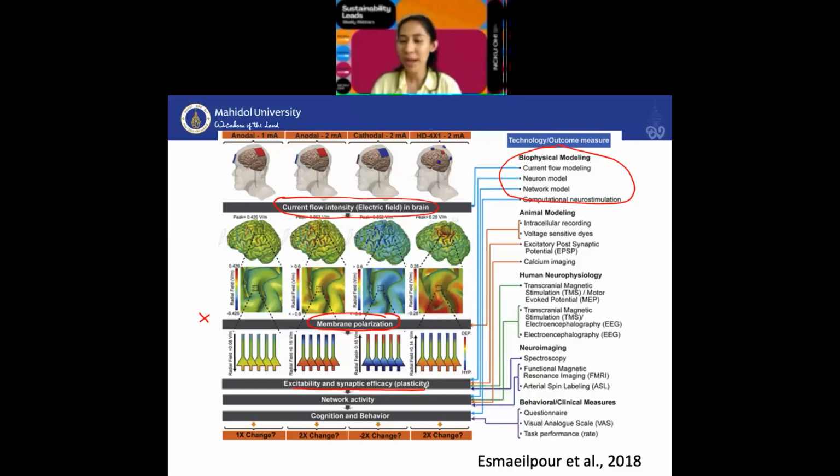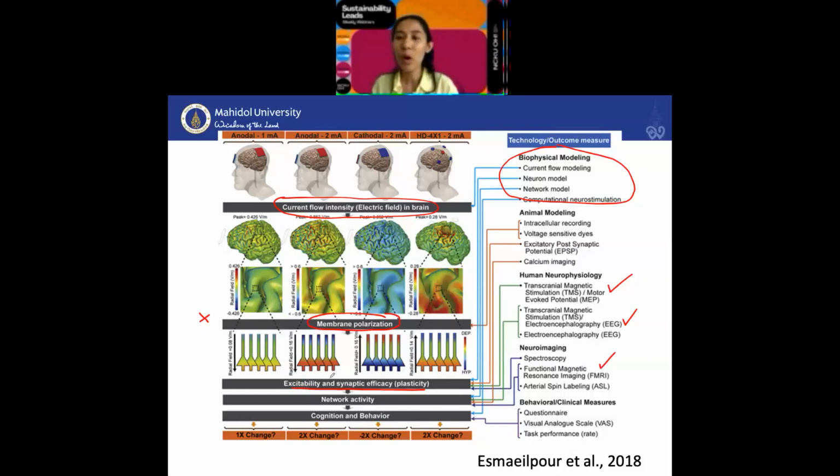For this step, you can do it in humans. You can use a lot of technology that you have. With TMS, you measure motor evoked potentials. You can also use EEG to evaluate cortical activity. You can also use imaging studies, all right? fMRI, for example.